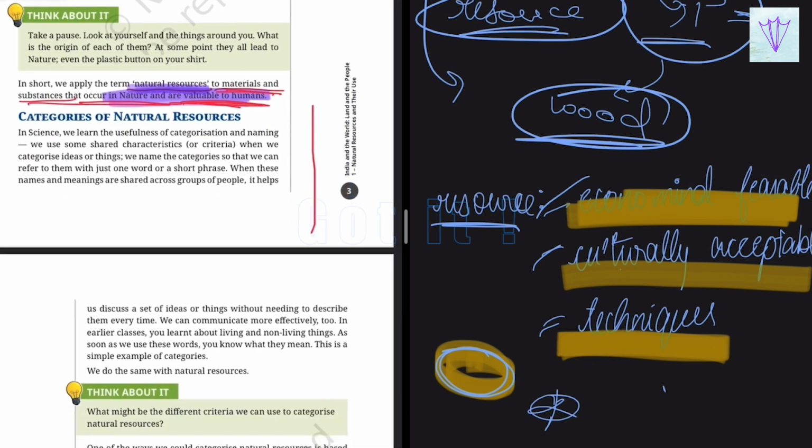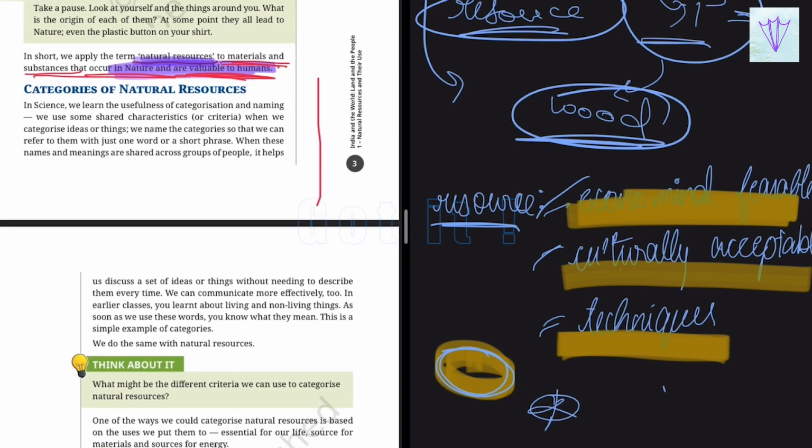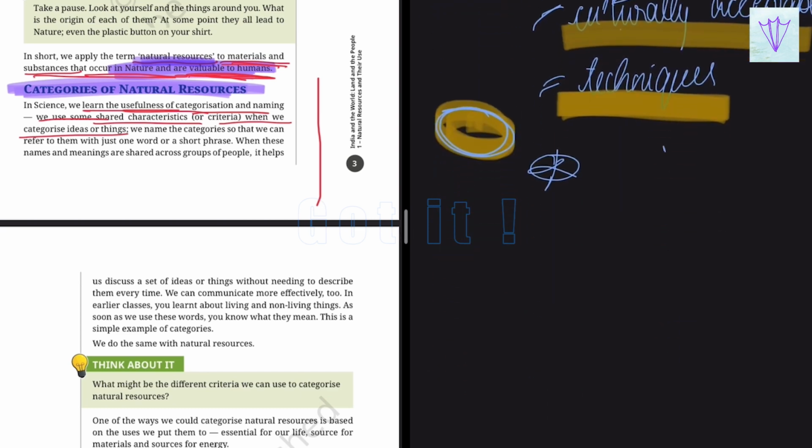So first we'll be studying the categories of natural resources. In science, we learn the usefulness of categorization and naming. We use some shared characteristics or criteria when we categorize ideas or things. When you want to classify things, you usually apply some criteria, that is, on what basis do you classify the things?